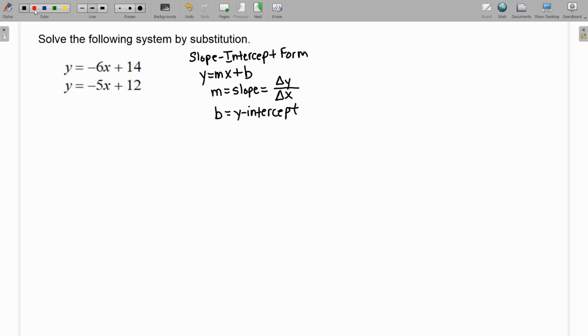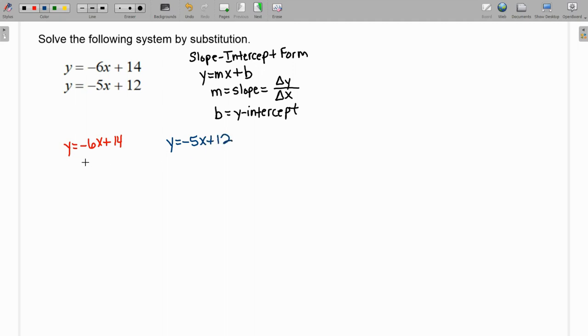So in our first equation, we're told that y is equal to negative 6x plus 14, which I'm going to write here in red. The second equation, we're told that y is also equal to negative 5x plus 12.